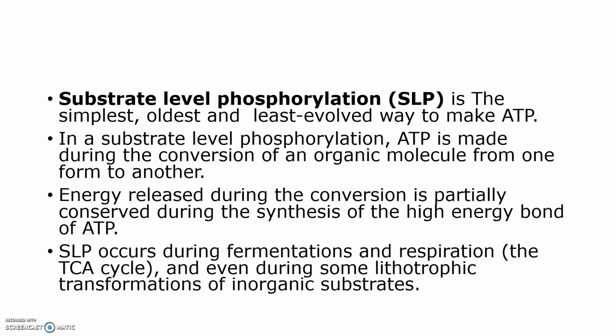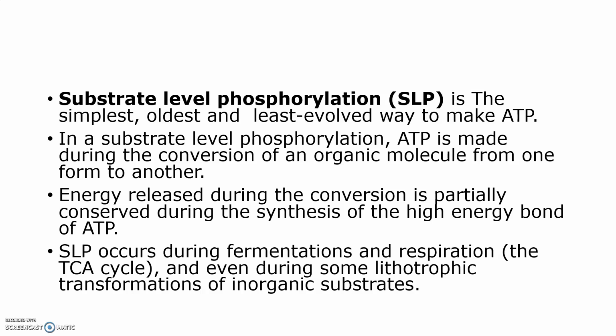The energy released during this conversion is partially conserved in the synthesis of the high energy bond of ATP. This occurs during fermentation and respiration, and even during some lithotrophic transformations of inorganic substances.